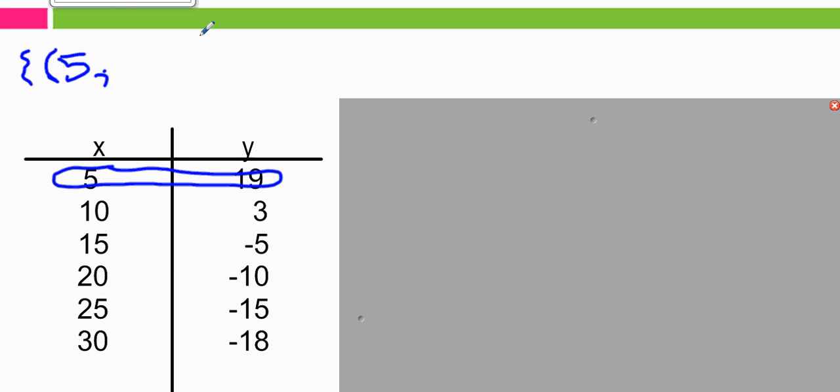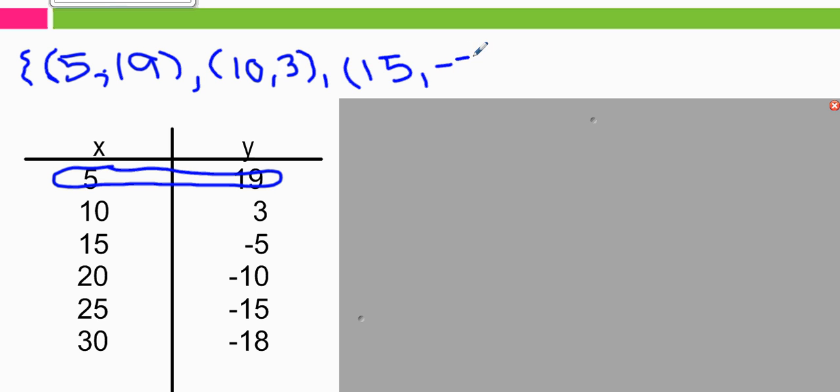So my first ordered pair is 5 and 19, followed by 10 and 3, continuing on down my list with 15 and negative 5, and so on and so forth until I get to my last ordered pair, 30 and negative 18. Always remember, when you write ordered pairs, the X value always comes first, followed by your Y value.